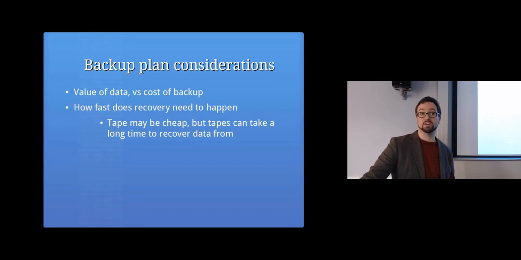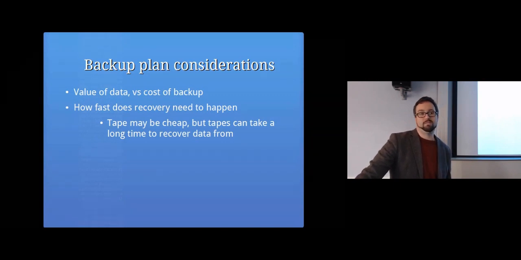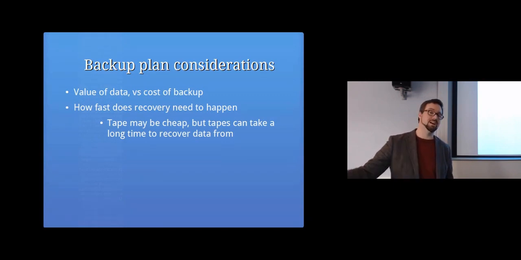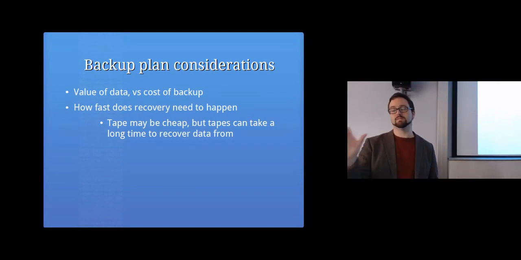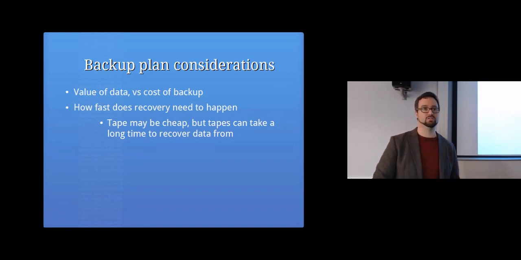We're backing up home directories, which have the work that someone's done, or the entire operating system, including all the programs and everything on that computer. Is it more important that we can get that entire computer back to how it was, or is it just important that the actual information we want to keep hold of is backed up, and we could always just reinstall Windows or Linux onto a different computer and then pull down the home directory? So how fast does it have to happen?